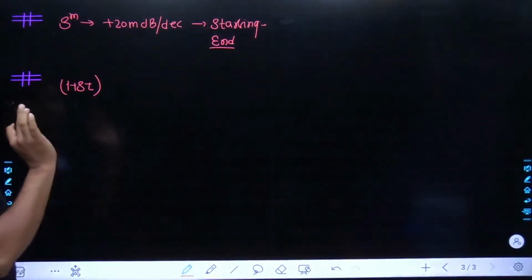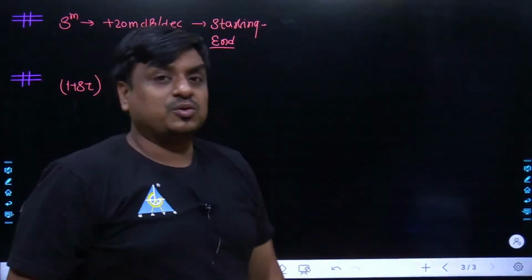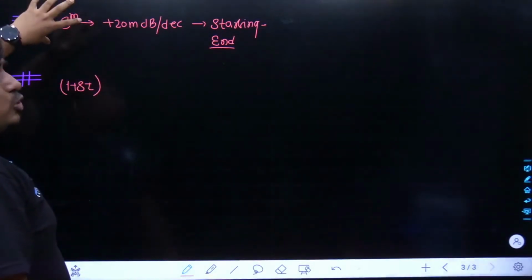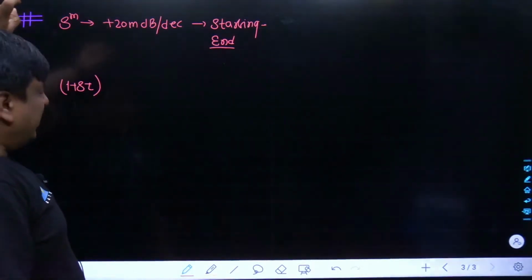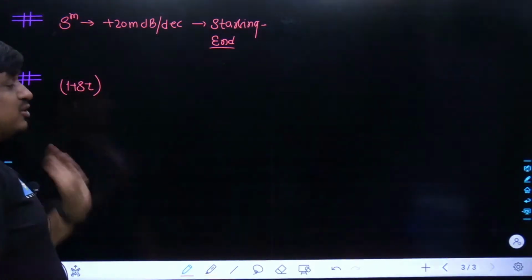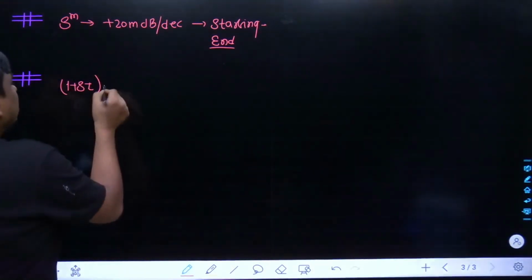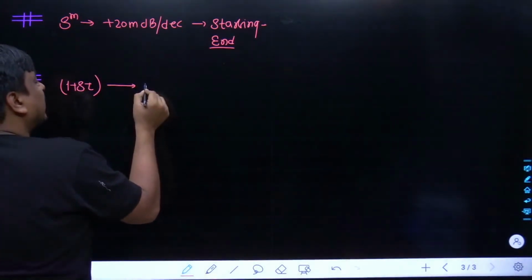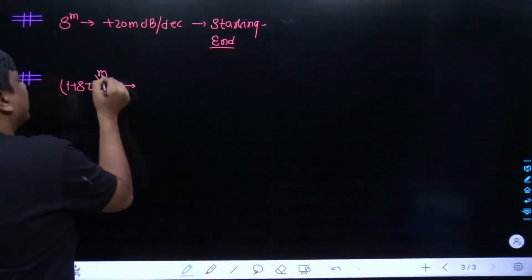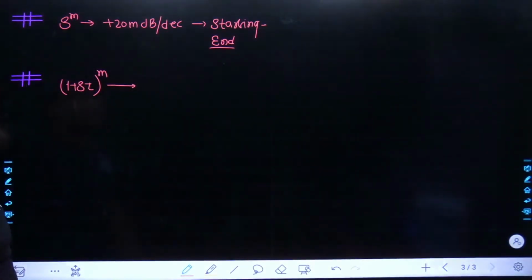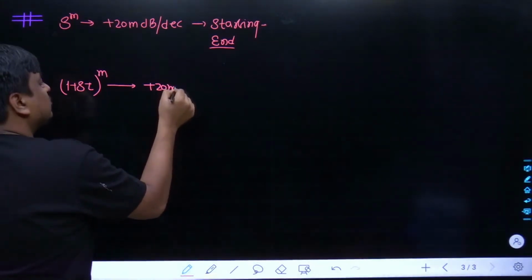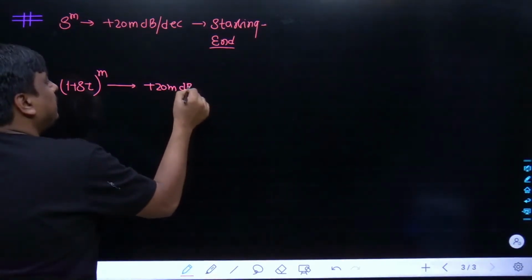So what I am saying is, the number of zeros as well as the number of poles are going to decide the slope. As far as the s factor is concerned, its slope started at the very beginning, at the very least value of operating frequency, but here the slope starts only when omega is quite greater than 1 upon tau. If you have a factor of 1 plus s tau raised to the power of m, you again get a slope of plus 20 m dB per decade.